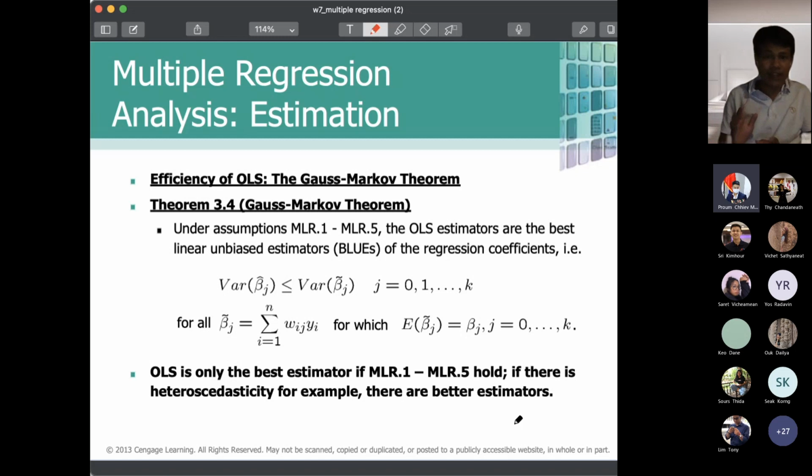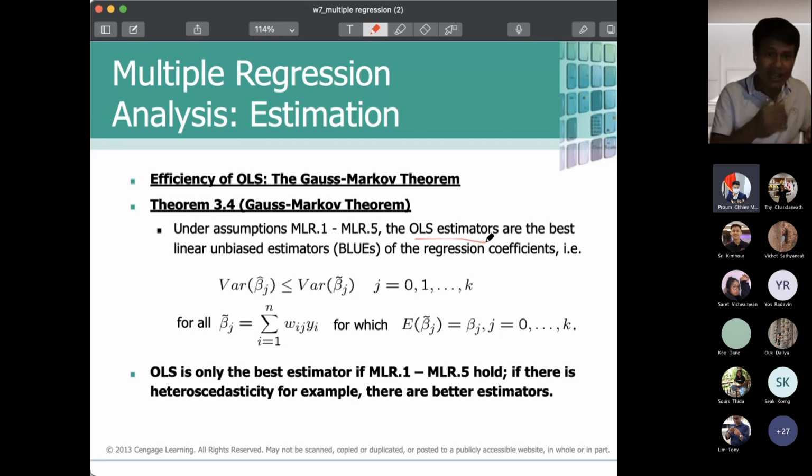So before we close, you should learn something new. Under assumptions 1 to 5, if assumptions 1 to 5 are met, the OLS estimator, ordinary least squares regression, we call it the best linear unbiased estimator.